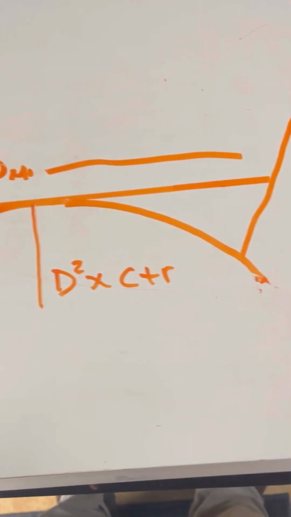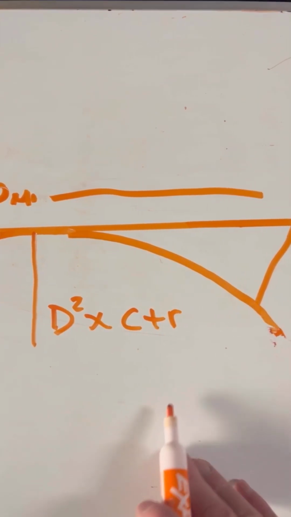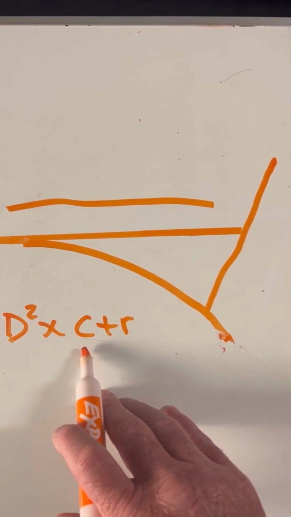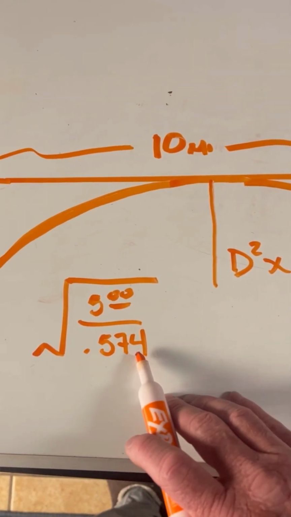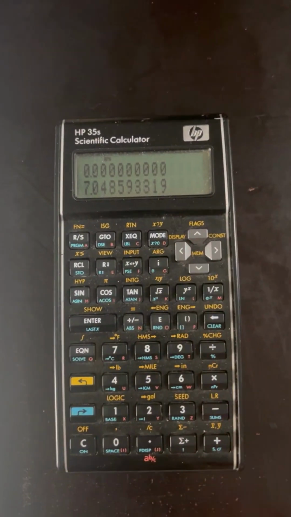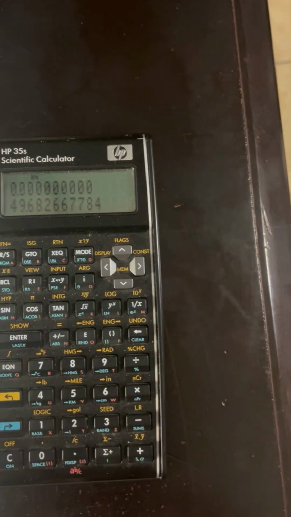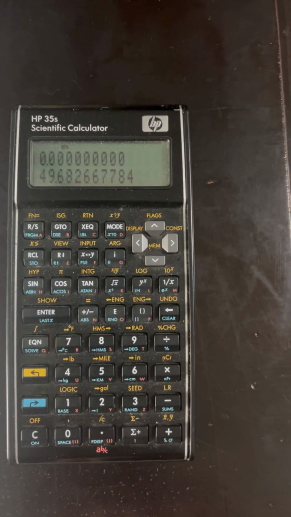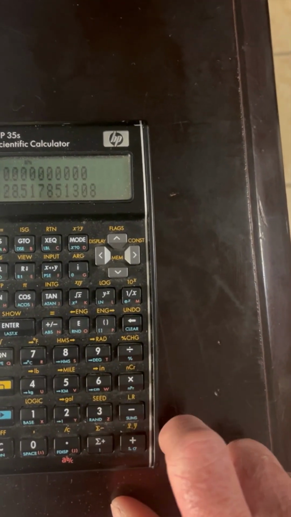But what we need to do is take that leftover distance, square it, and then multiply it by our curvature correction and refraction correction. That was the same number that we used over here. So let's take the leftover distance and square it, and multiply it by our drop formula and correction, 0.574 times.